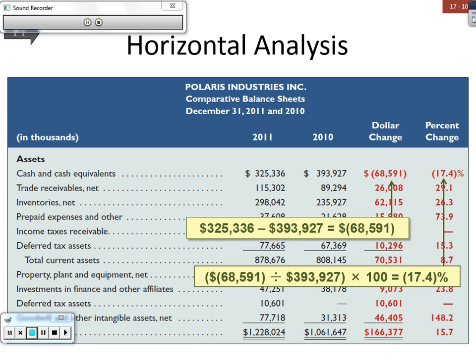Then you're bringing that same $68,591 down and dividing that by the base, right? The base is the previous year, 393,927, and then multiplying that by 100 to get your percent change. That's important.